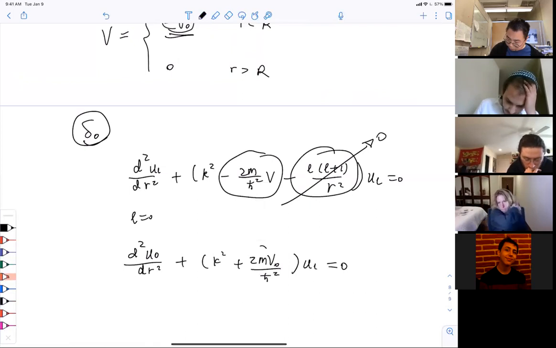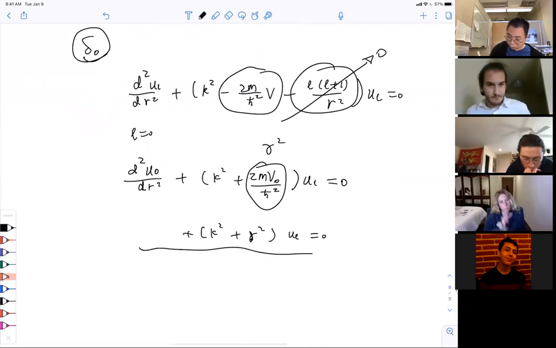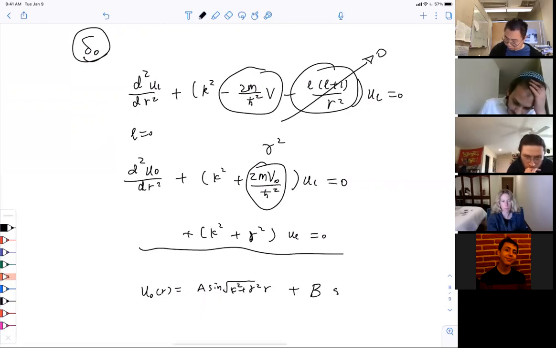And let's call this guy gamma squared. So it's k squared plus gamma squared. So this is a simple harmonic oscillator, right? So we know u_0 equals a sine of the square root of k squared plus gamma squared times r, plus b cosine of the square root of k squared plus gamma squared times r.